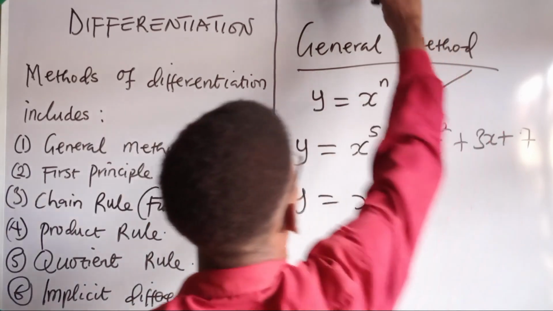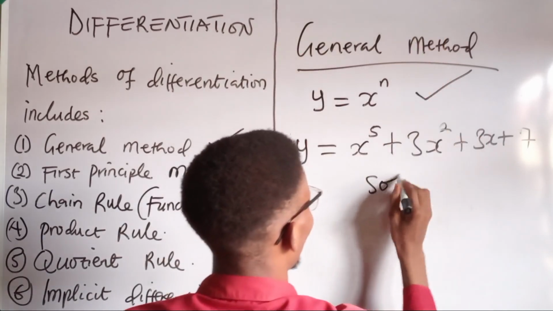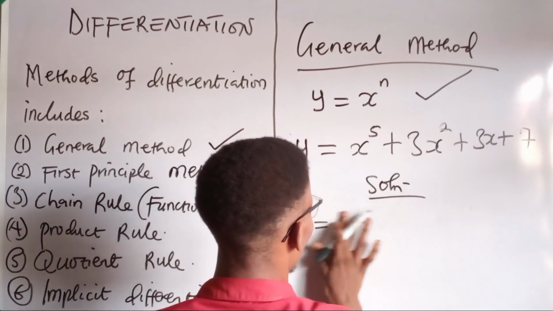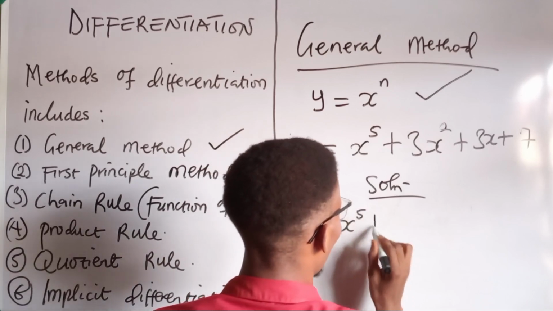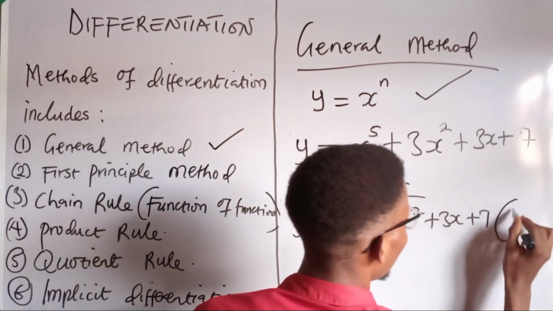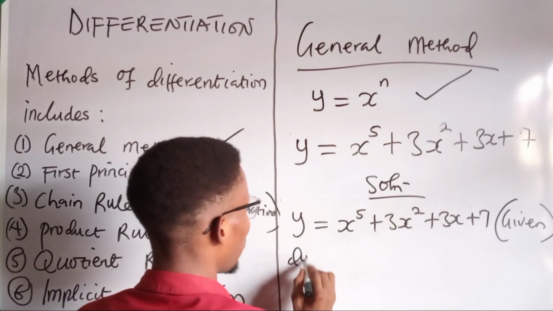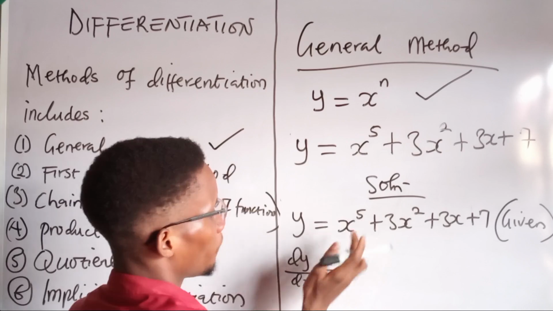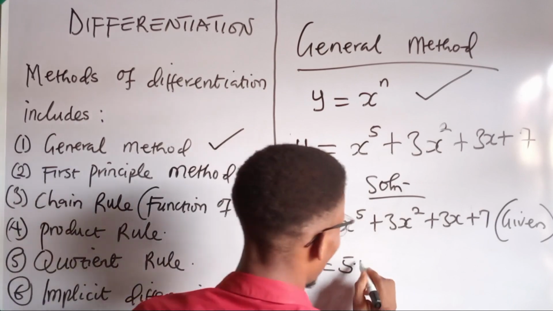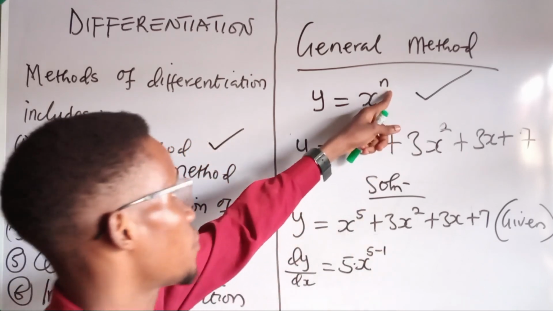Alright? So now y equals x raised to 5 plus 3x raised to 2 plus 3x plus 7. This is given. Can I get dy over dx as 5 here will come down, which will be 5 multiplied by x raised to 5 minus 1, according to this.